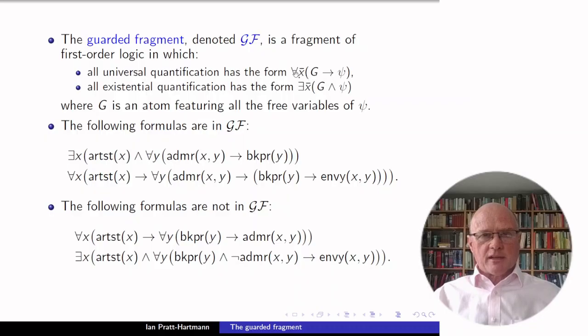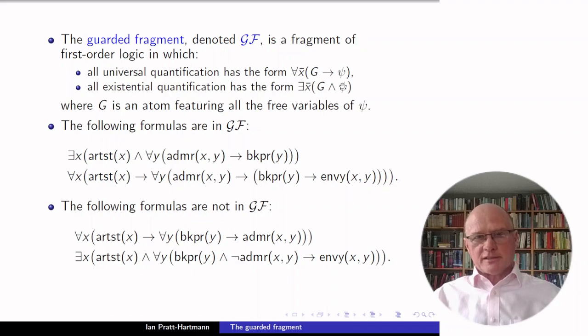We see that we have a tuple of variables which are universally quantified, and we have some formula to which that universal quantification is applied. We shall insist in the guarded fragment that that formula has the form of an implication where the antecedent is an atom, that is an atomic formula, containing all the variables of the consequent.